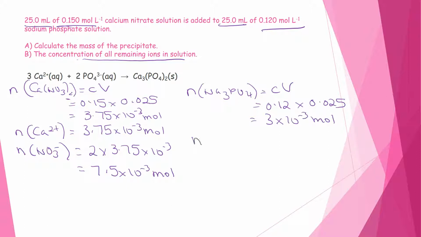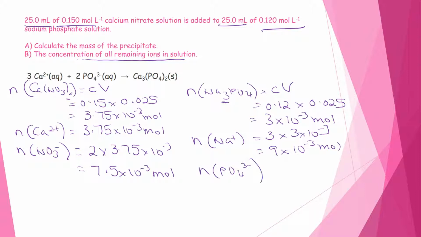From here we can find the number of moles of sodium ions, which will be, according to the formula, 3 times as many. And the number of moles of phosphate ions, which will be the same as the number of moles of sodium phosphate, which will be 3 by 10 to the negative 3 moles.